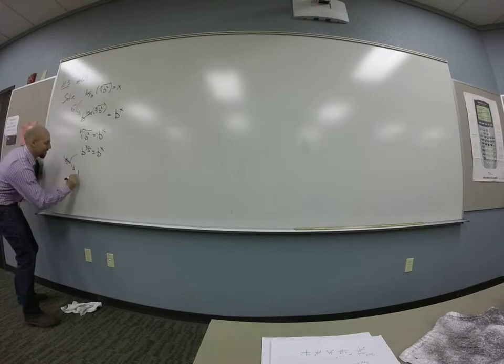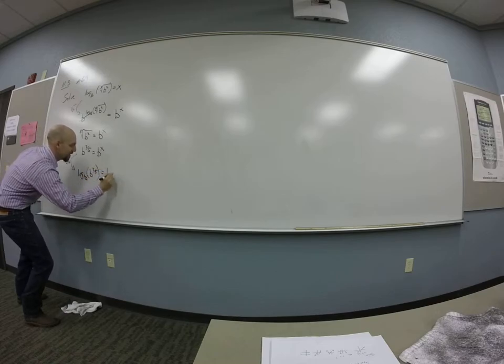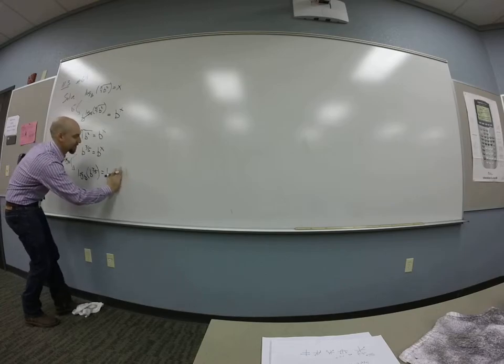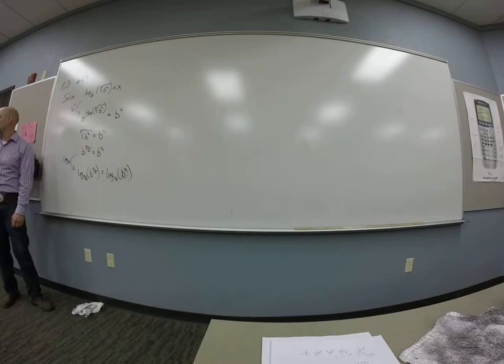I'm going to get log base b of b to the 2/5 is log base b of b to the x, right? It's getting a little hasty.